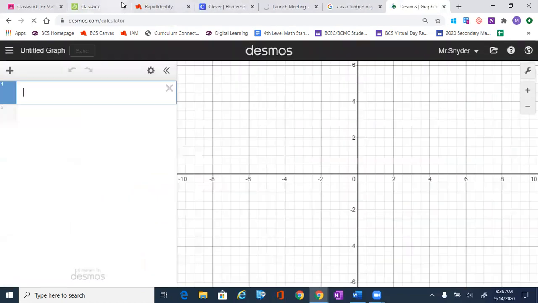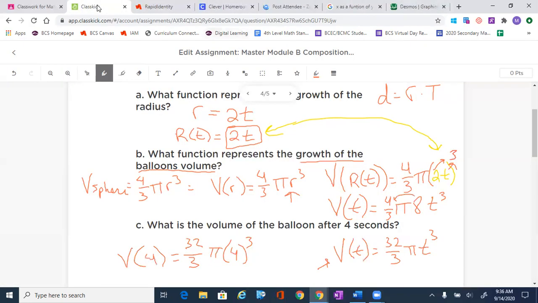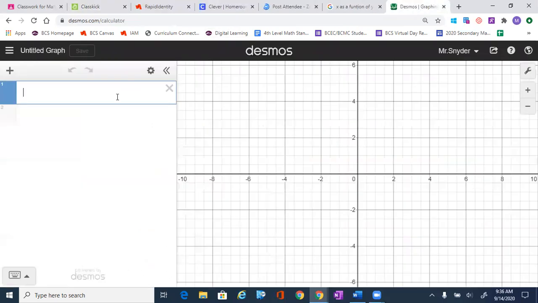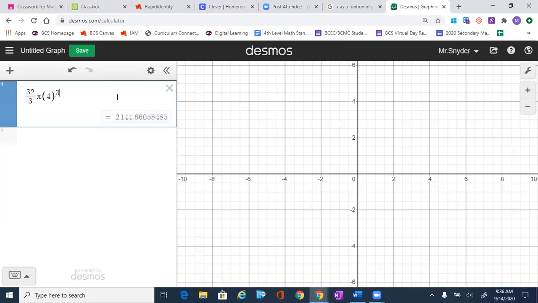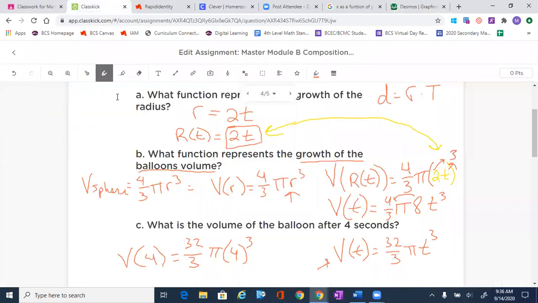Let's go back to what that statement said. It said 32 over 3 pi, 4 cubed. So the volume of that balloon would be 2,144.66.